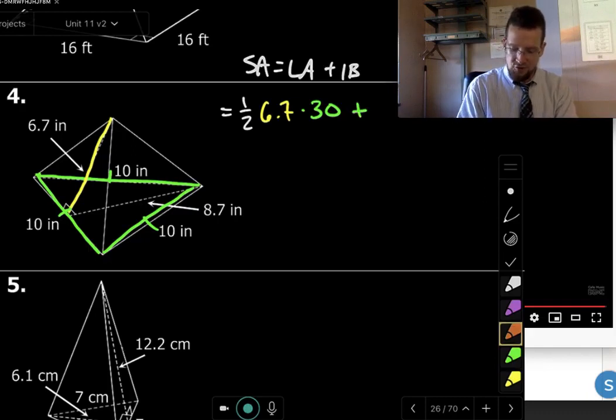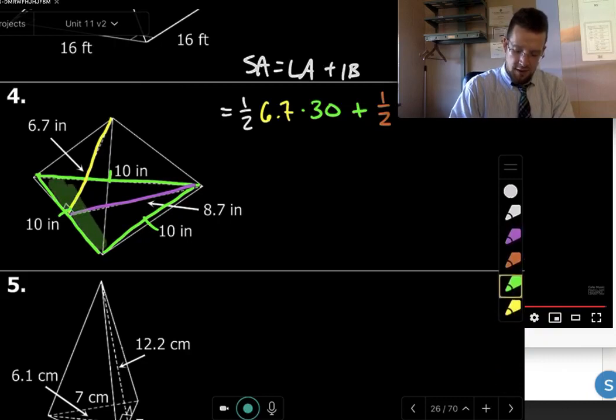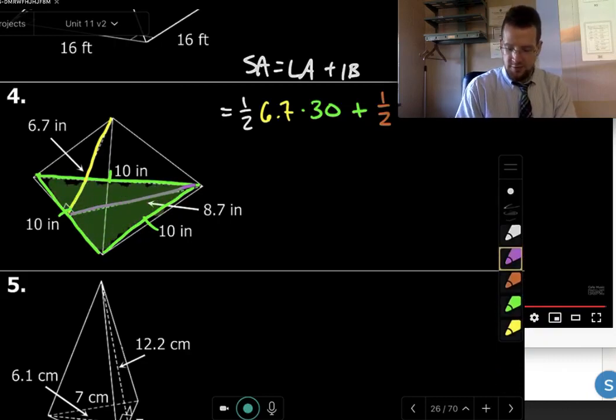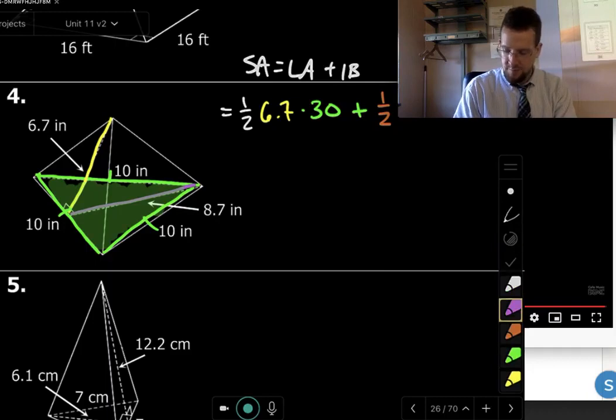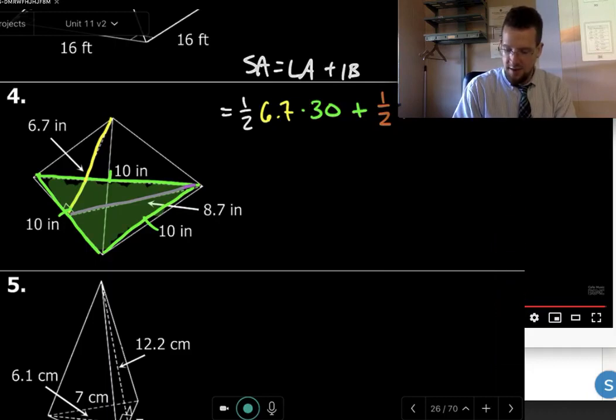Well, the base is a triangle, so this is going to be 1/2 base times the height. But this is the height of the triangle, right? Whenever I'm thinking of the area of the base, I have to consider only the base. And so this is 1/2 times 10 times 8.7.